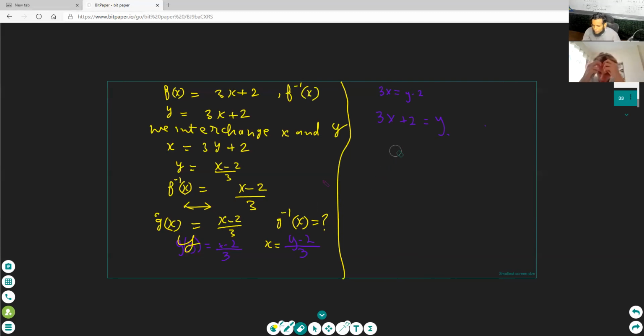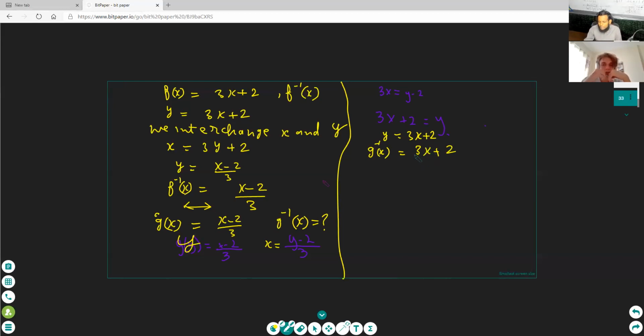Y is equal to 3x plus 2. And then tell me, g inverse x is equal to 3x plus 2. Okay, clear?